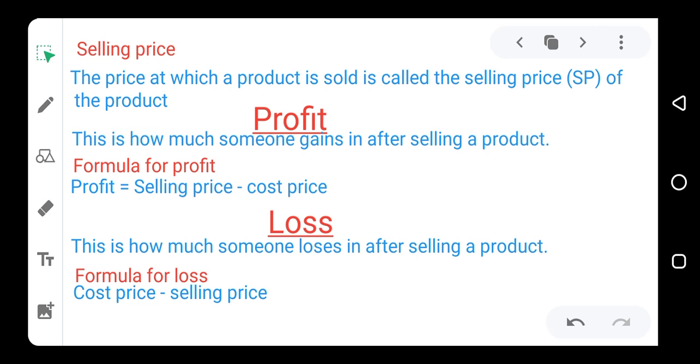If you want to calculate your profit when you sell a product, we use the formula: the selling price minus the cost price.